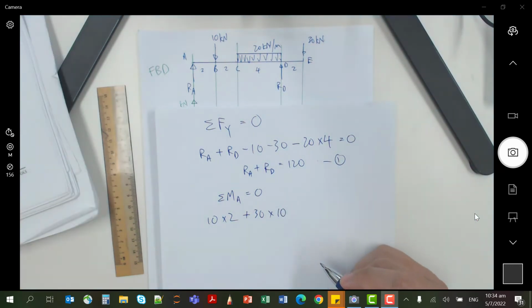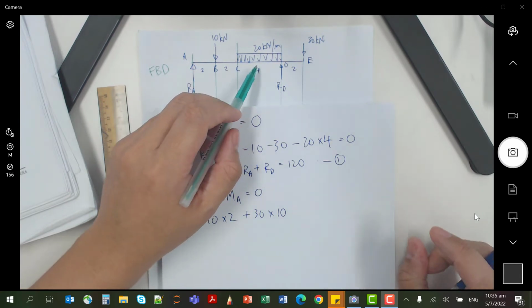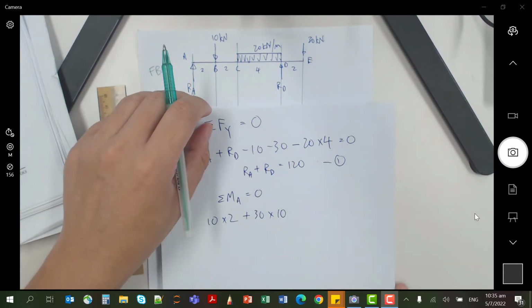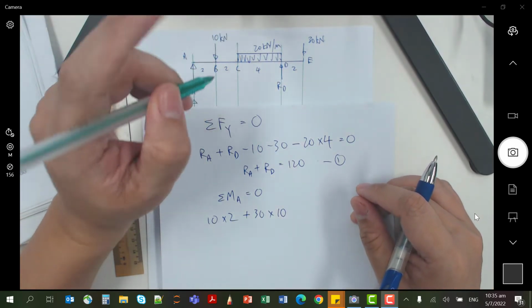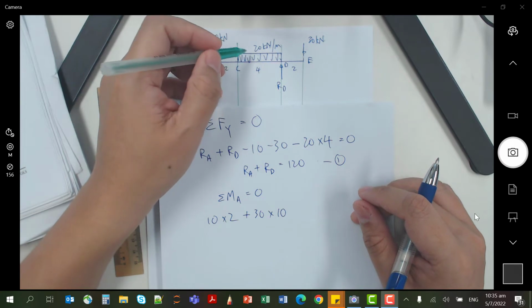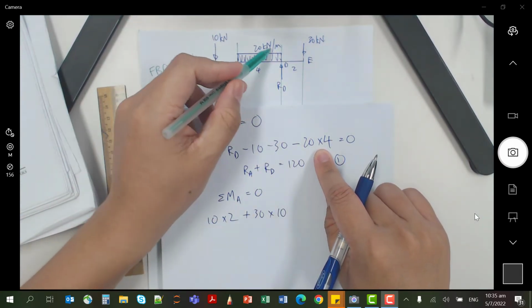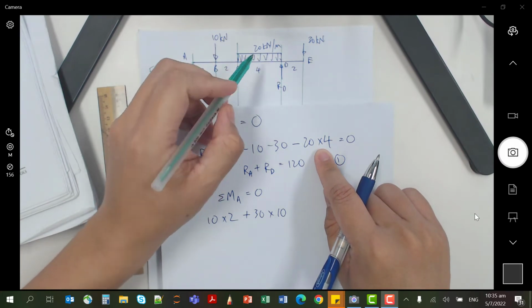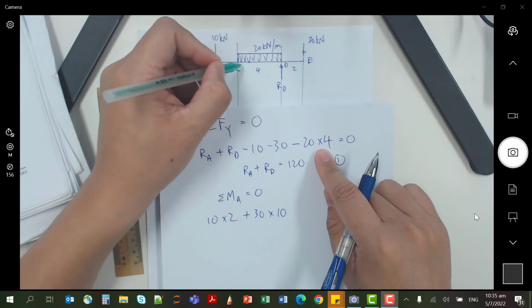What about the moment caused by the UDL? The moment caused by UDL can be represented by one single big force, which for this case is 80, because 20 times 4 is 80. The moment is caused by one single big force acting at the center of the UDL.